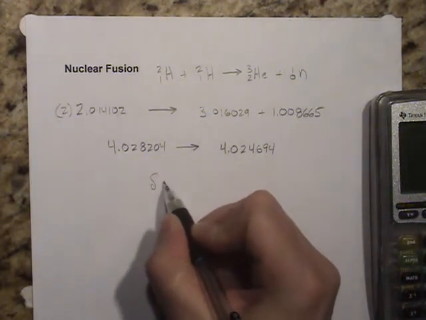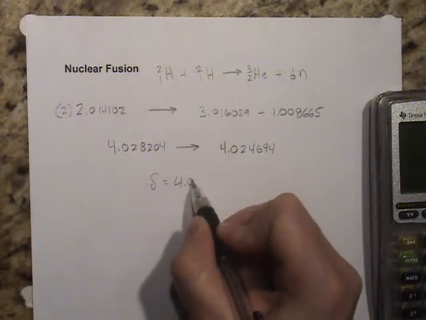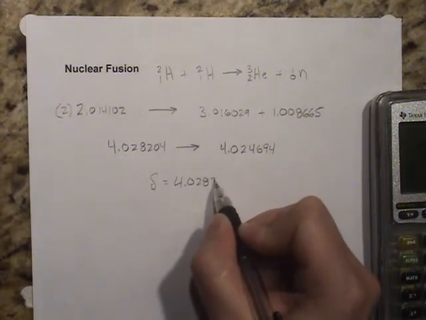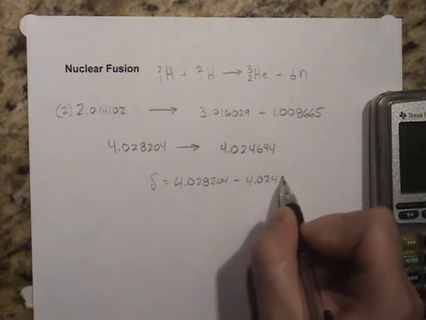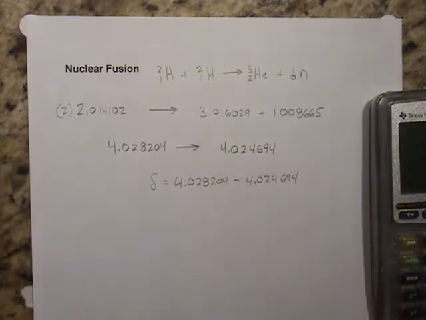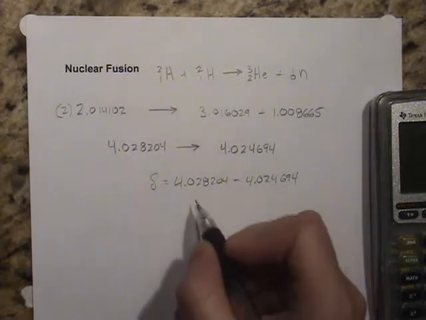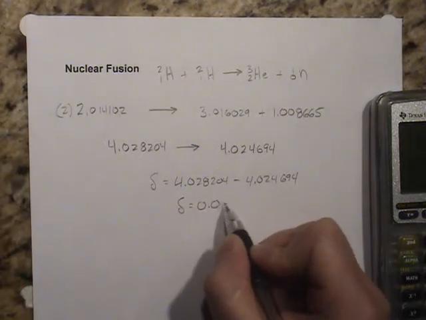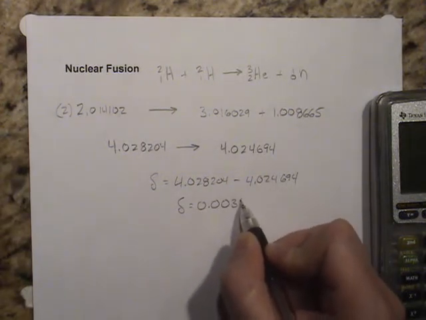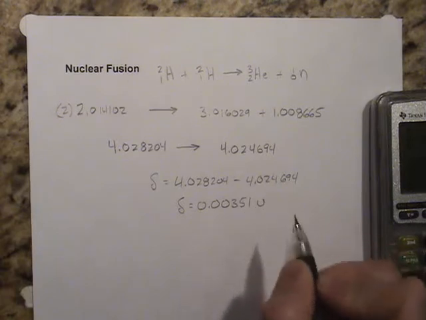This gives us a mass defect of 0.00351 u.